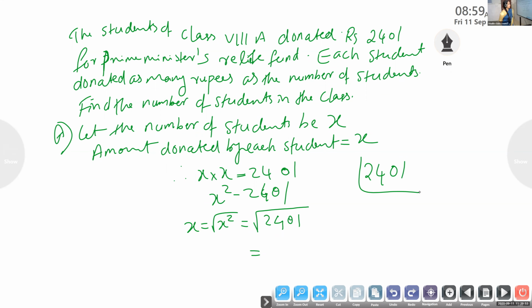Lakshmi Nandakumar, find the root of 2401. Which are the factors? Ken, which one is the first factor?